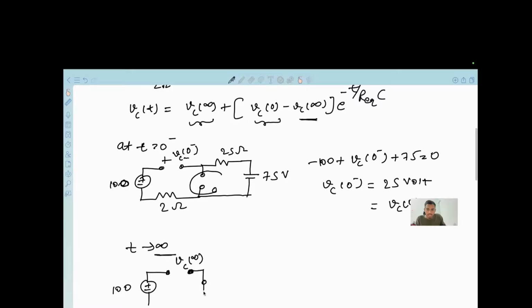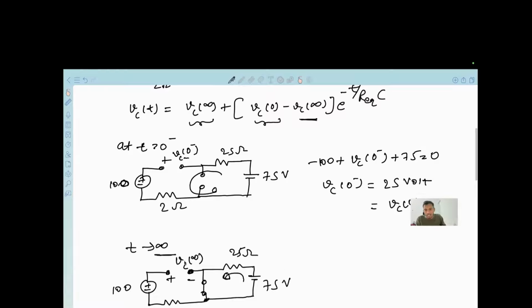Now the switch S is closed. This is 2 ohm, 25 ohm, and this 75 volt. Since the capacitor is open, the current from this 75 volt will flow only through this 25 ohm, and the current through 2 ohm will be 0.